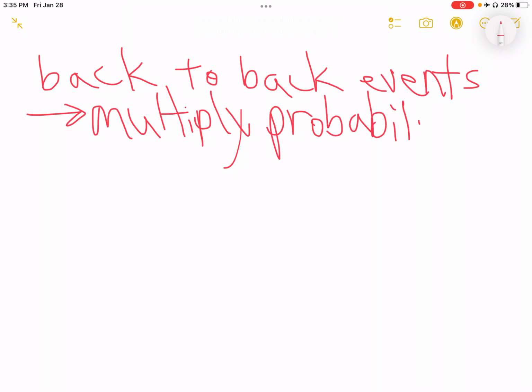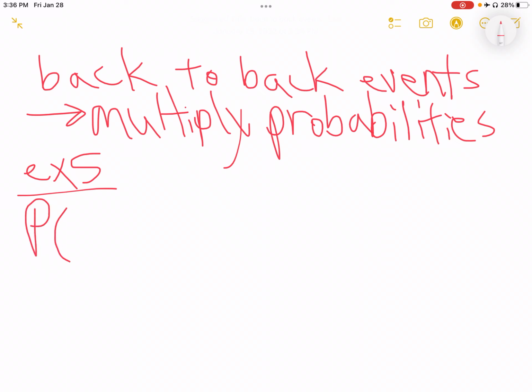So multiply those. For example 5, if you look in the book, it says the probability of getting heads, heads, tails, and tails. Okay, so we could write this as probability of heads, heads, tails, tails.